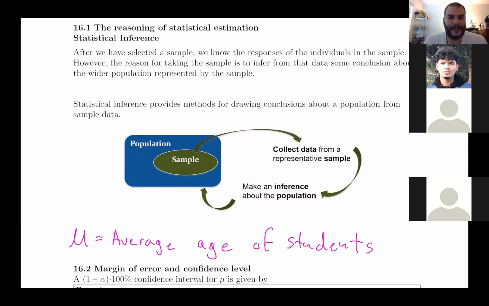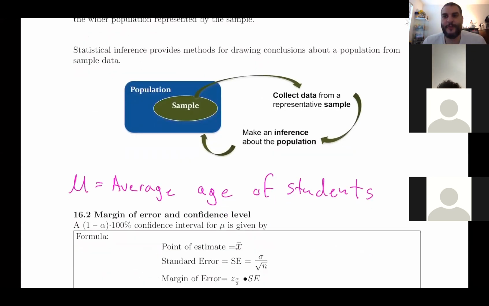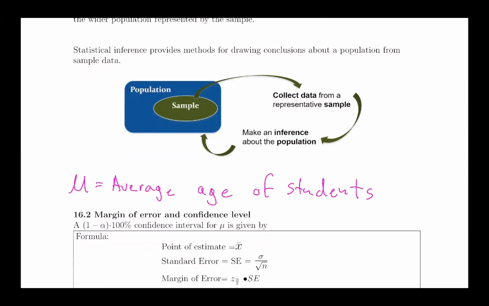But the thing is, we don't have to get every student in Dominguez Hills to get the average age of students. What we could do is actually just get an estimate of that. So to get the estimate, we're going to create a confidence interval. So the confidence interval is going to give us a range of what it could be.